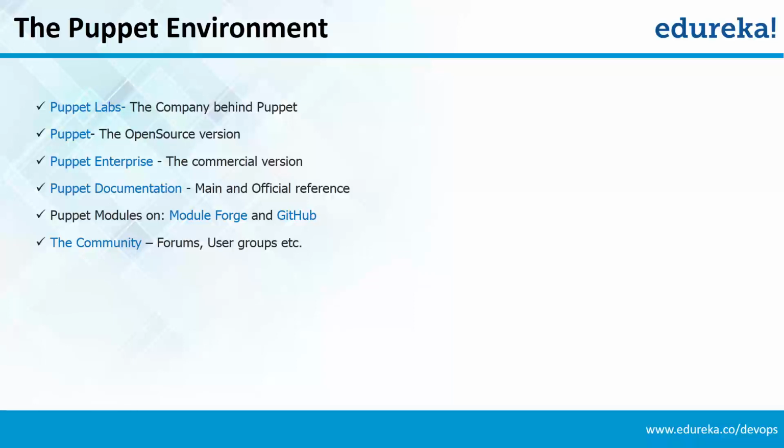So if you want to know how those modules are written and what they contain, including the documentation for those modules, here is one important thing. When we talk of Puppet documentation, be aware that it contains only the documentation for core Puppet. It does not contain the documentation for the modules. The documentation for the modules is usually found under the GitHub sites for the particular modules or within Module Forge itself. Since it's an individual contribution, the documents may or may not be up to date.